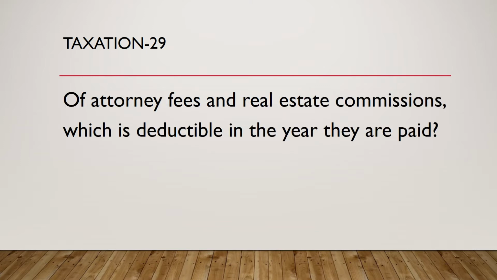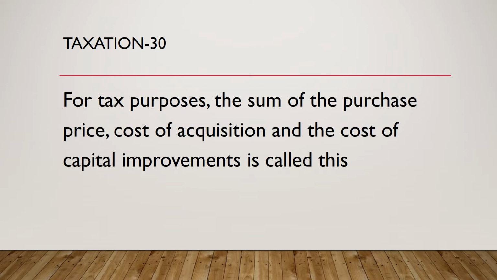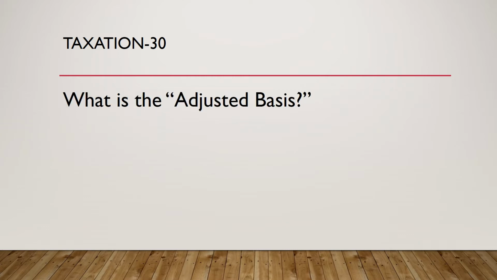Question 29. Of attorney's fees and real estate commissions, which are deductible in the year that they are paid? What is neither? Question 30. For tax purposes, the sum of the purchase price, cost of acquisition, and the cost of capital improvements is called this. What is the adjusted basis?